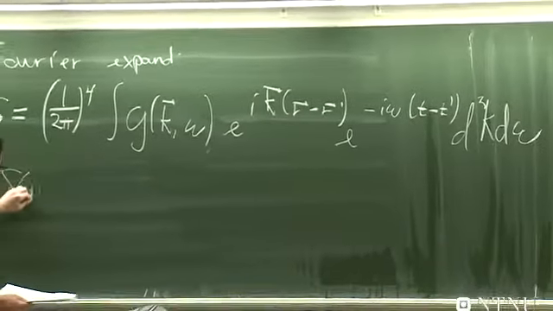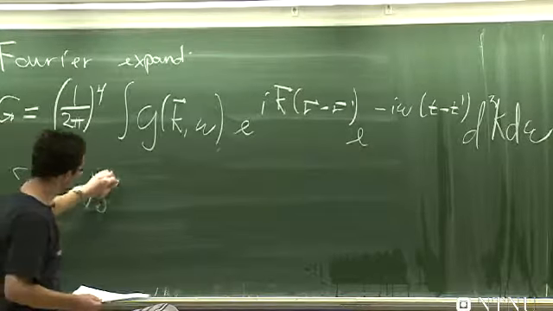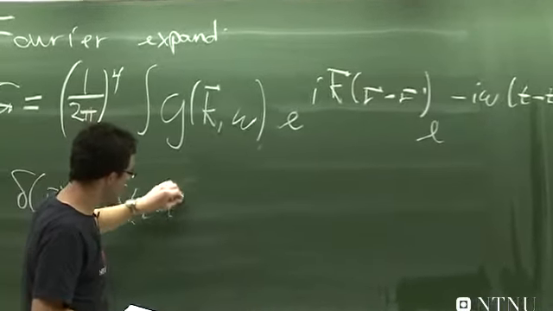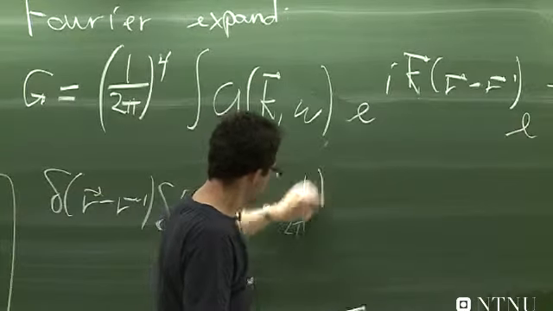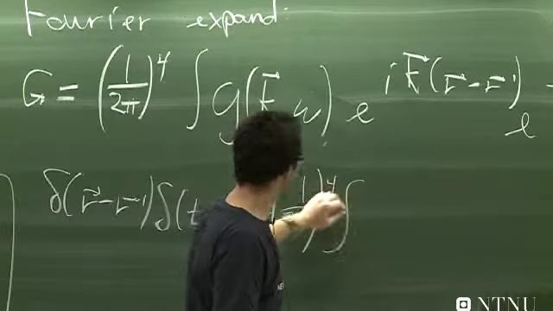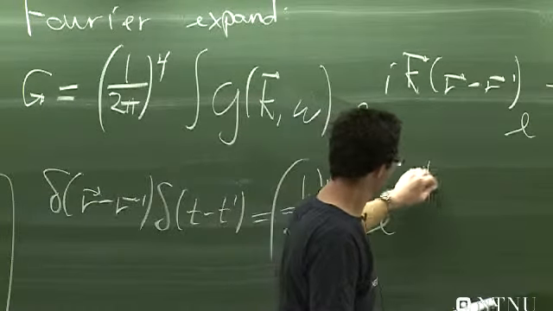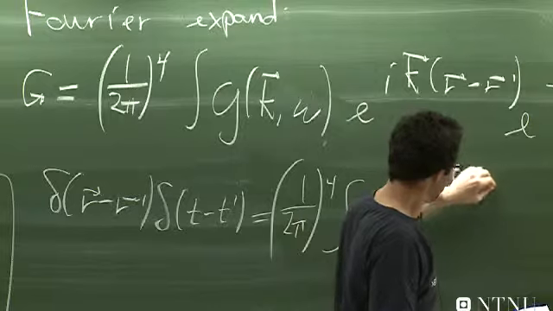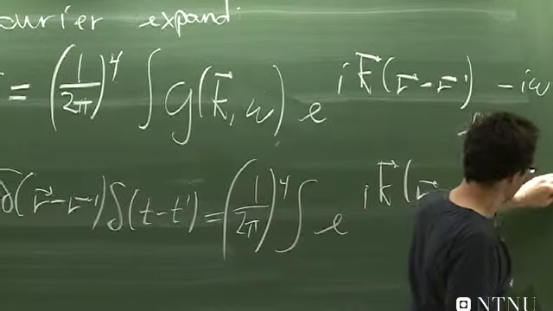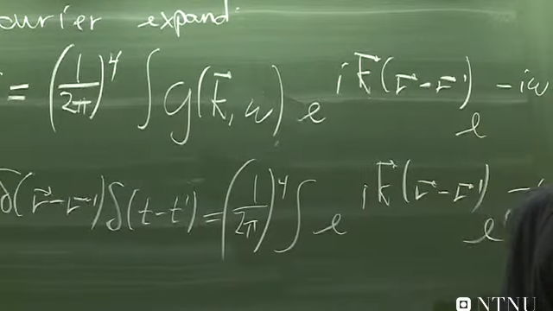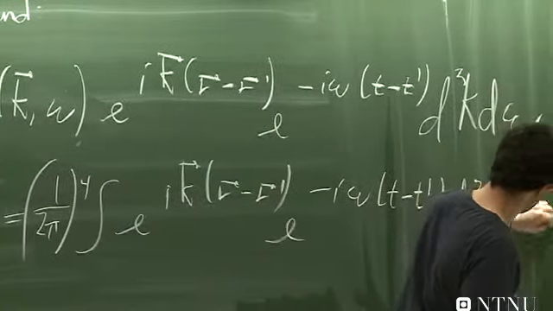The delta function of r minus r prime, t minus t prime, is just 1 over 2 pi to the power 4 integral over e to the i k dot r minus r prime, e to the minus i omega t minus t prime, d3k d omega.